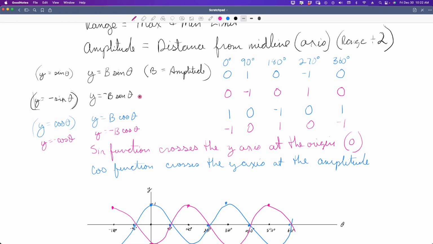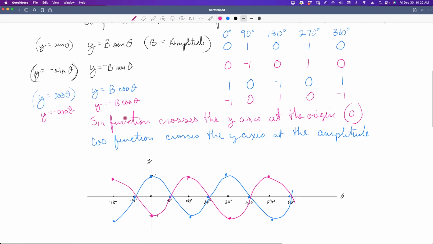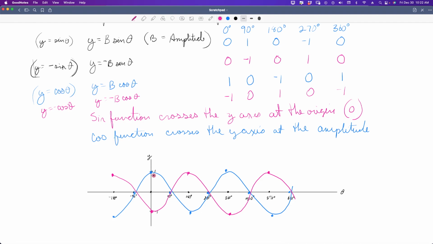It is a negative sine periodic function. If it is a positive cosine periodic function, then it crosses at the positive amplitude at the y-axis. If it is a negative cosine periodic function, then it crosses the y-axis at the negative amplitude. Those are the two main differences.